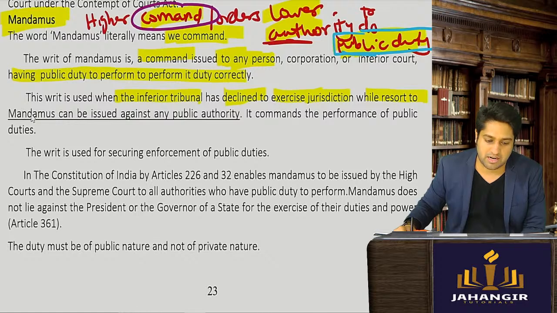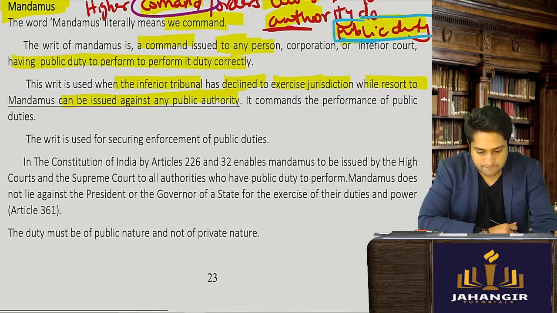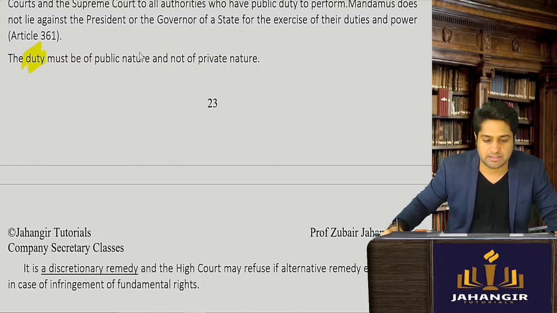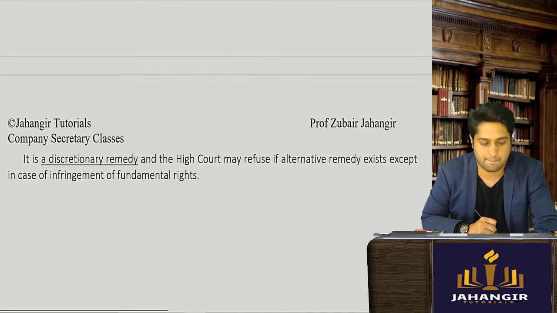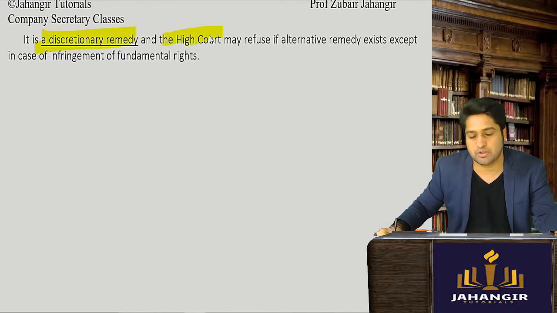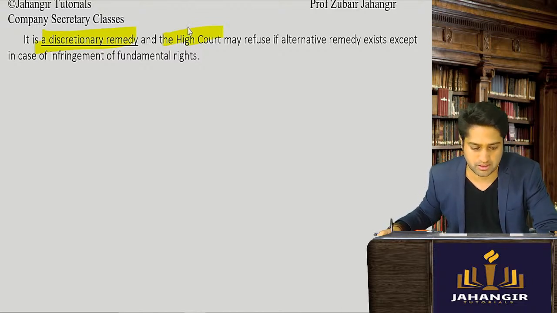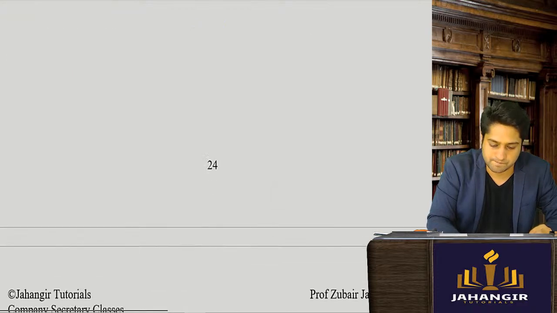Mandamus can be issued against any public authority. The duty must be of a public nature and should not be of a private nature. It is a discretionary, optional remedy of the courts. The High Court might decide not to order the lower authority, saying no, the lower authority is doing proper duty, I don't want to order.